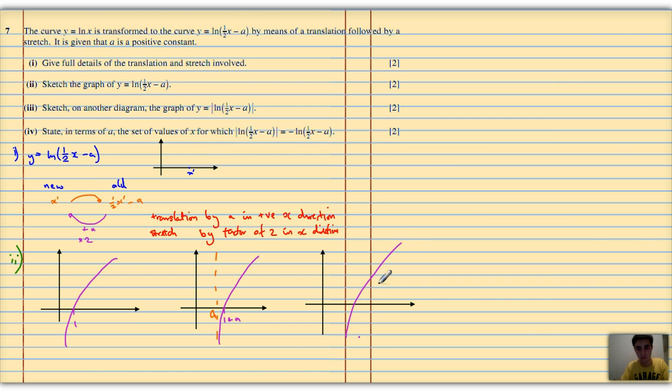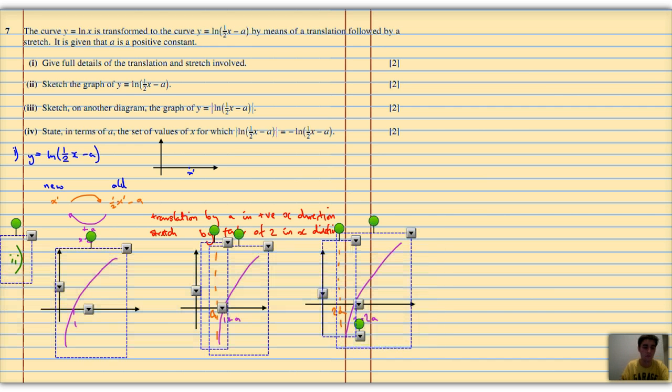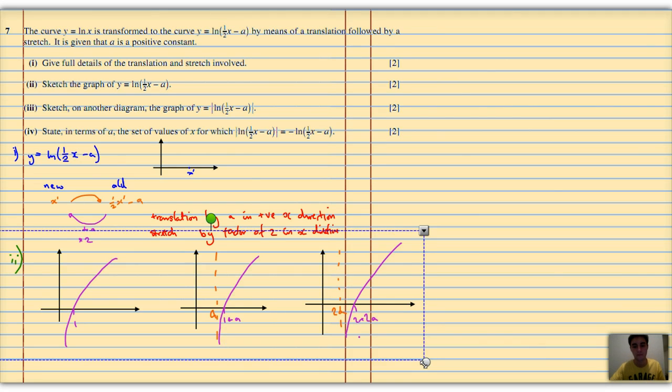It's going to look something like that, where that is 2 plus 2a, because that was doubled, and the asymptote is now 2a. Since this is just a sketch, the important aspects are this x-intercept here and this asymptote here. So do label them on your diagram.